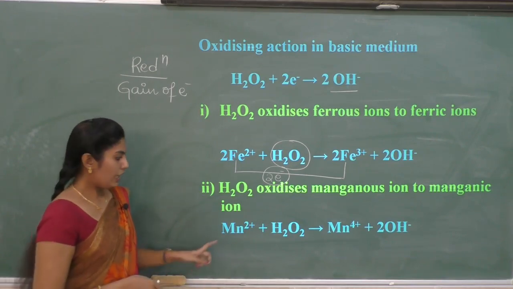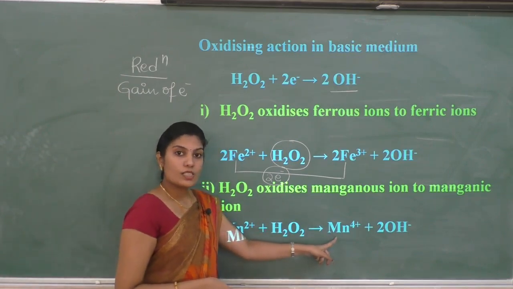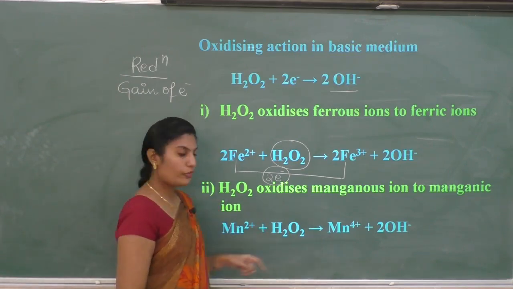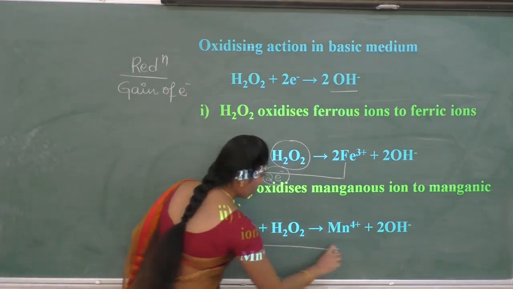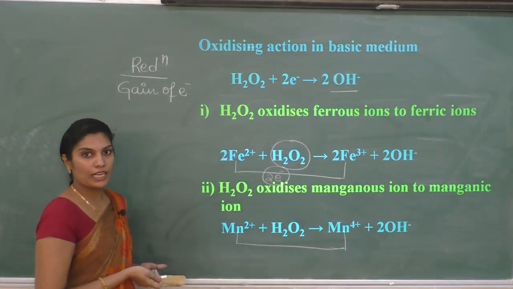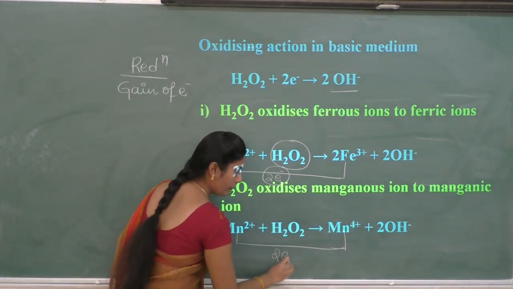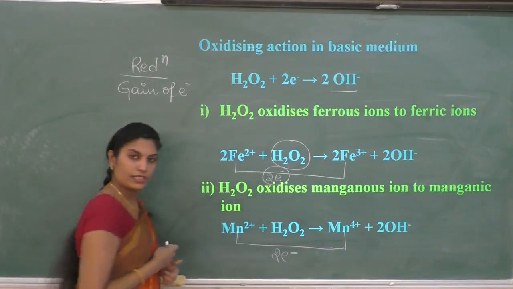Here also Mn2+ is oxidized to Mn4+. Mn+2 becoming +4, by the loss of how many electrons? Plus 2 becoming plus 4, by the loss of 2 electrons, isn't it?